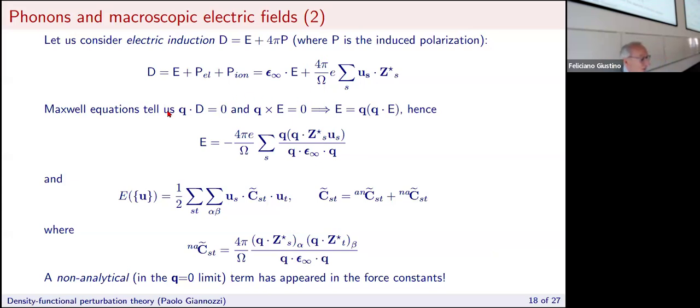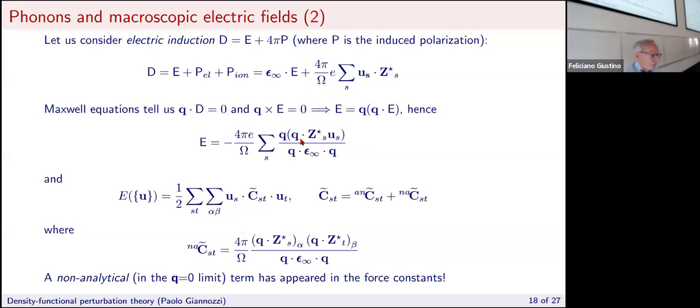Then since the screened electric field, so the electric field plus the polarization induced by electrons, the electronic polarization and the nuclear polarization, has to be orthogonal to Q as well, one finds that the longitudinal electric field, that in fact appears only for longitudinal optic phonons, can be written in this way.